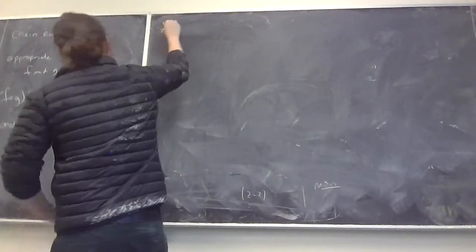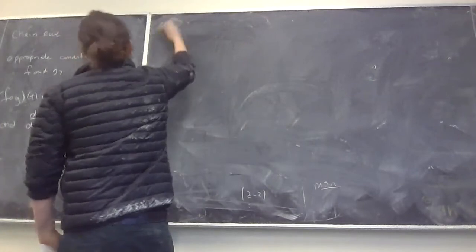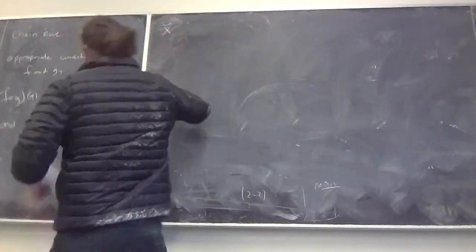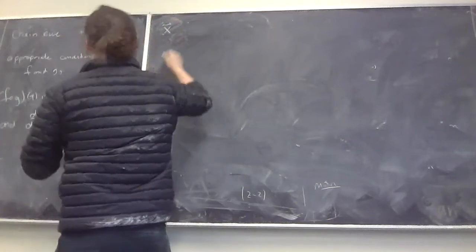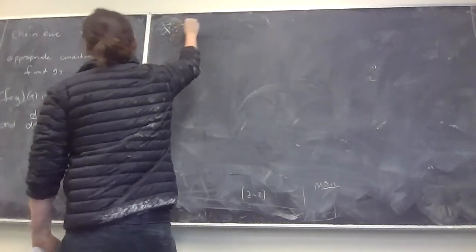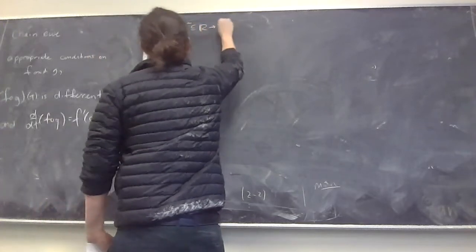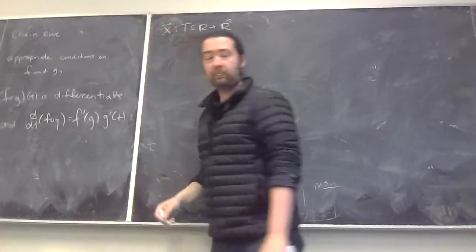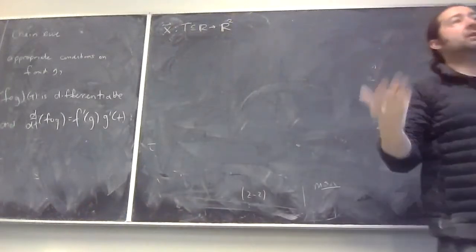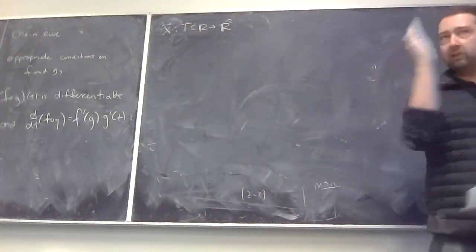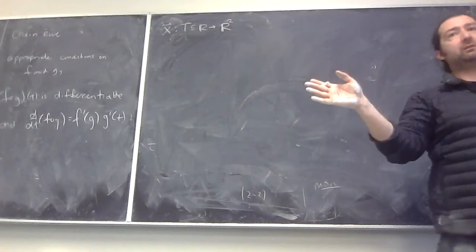So let's let x be a function. So x is going to be a vector valued function. So x is going to take a domain T in R, and it's going to spit out a vector in R2. So you can think about x as being sort of a parametric function. It takes in a single value T, and it spits out a vector.